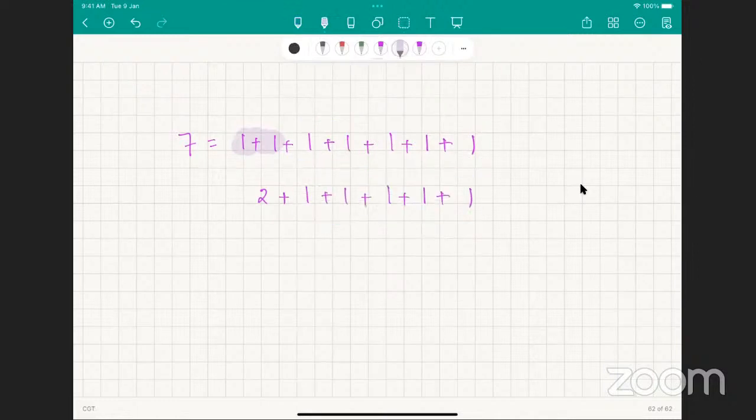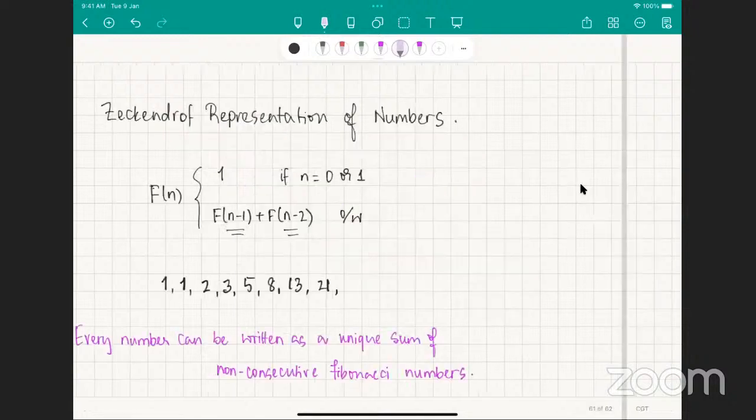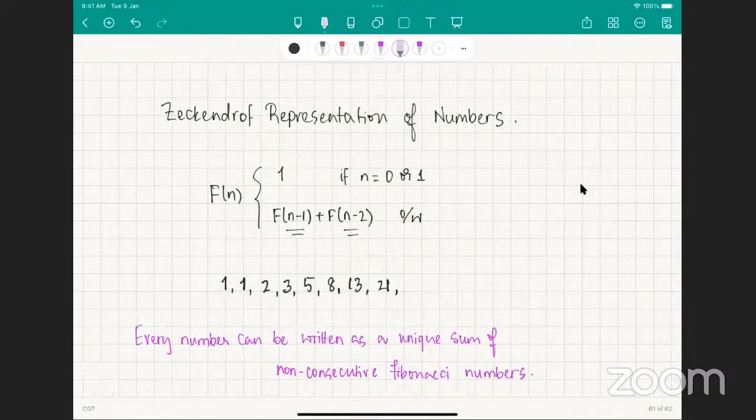I notice that here I have two consecutive Fibonacci numbers, properly consecutive, one next to the other. And what I can do here is replace this pair of consecutive Fibonacci numbers with their sum, because I know that consecutive Fibonacci numbers add up to give me the next Fibonacci number.